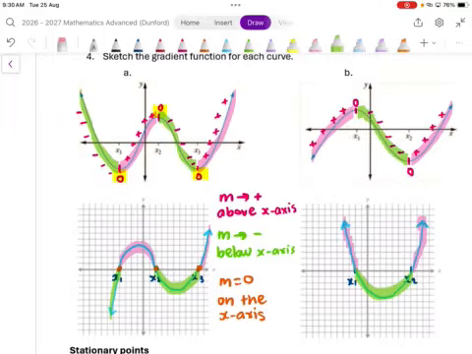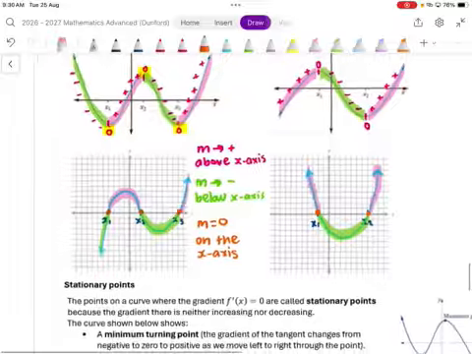Our derivative function is a quadratic, so a parabola. So we went from x to the power of 3 down to x to the power of 2. If we were then to differentiate our parabola again, what do you think that would look like? A straight line, okay? How cool.